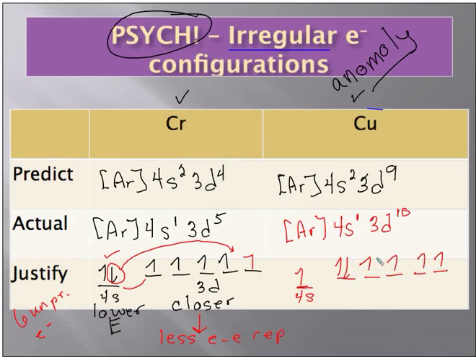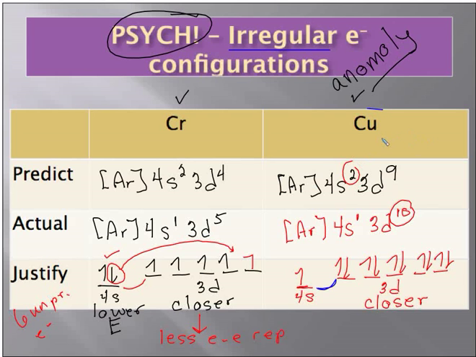So what we end up getting is it went from being paired to being paired. Okay, paired here, paired here. So that didn't help, but it did get that electron a little closer to the nucleus with only a tiny little compromise in energy. So those are our irregular configurations.